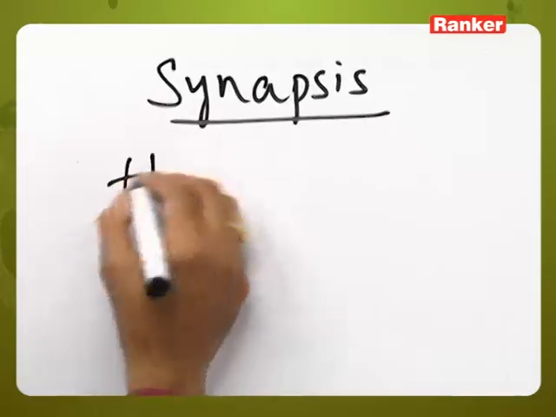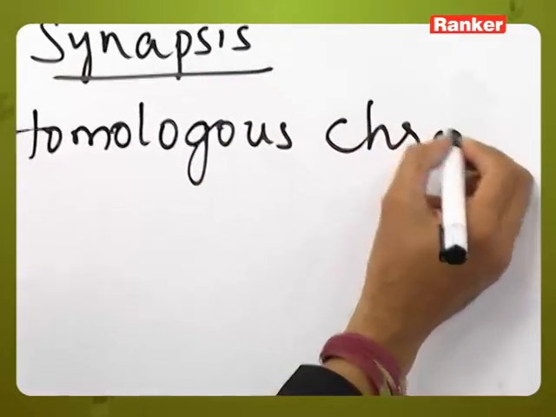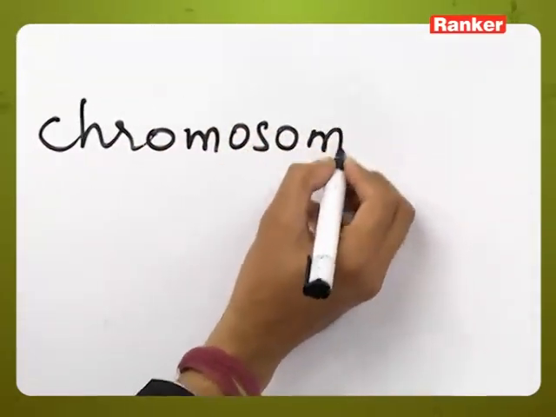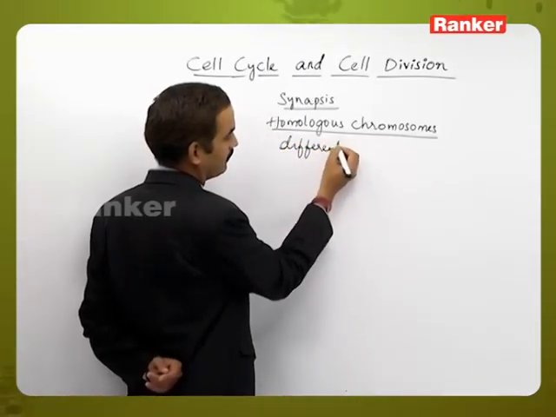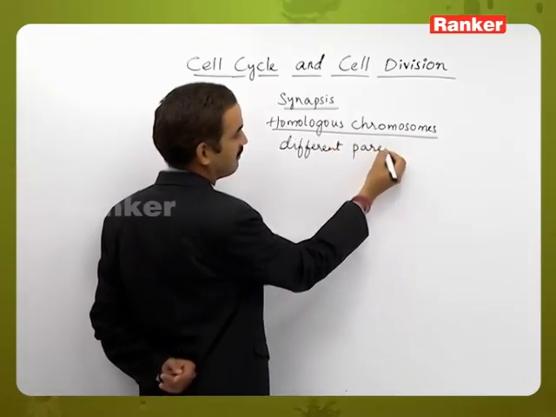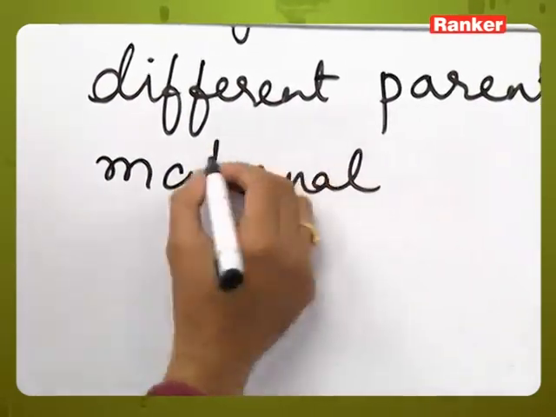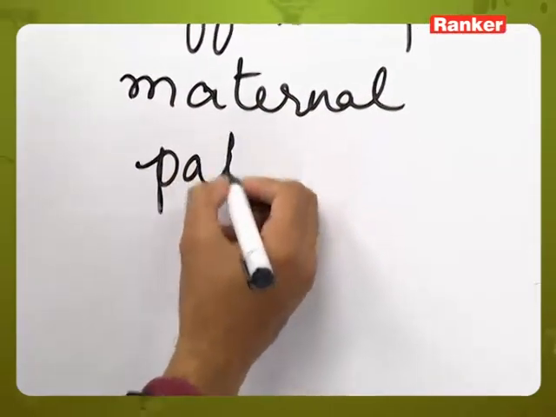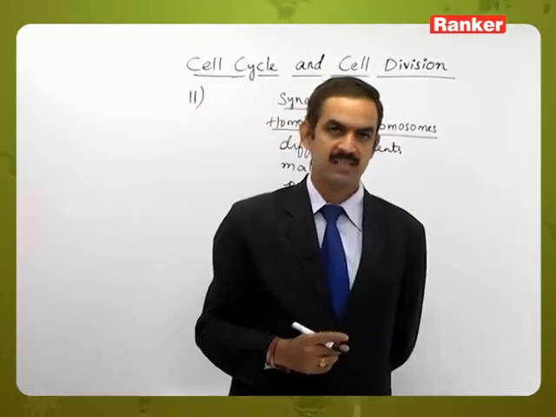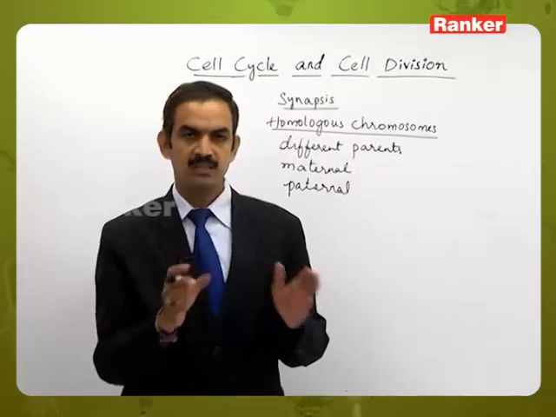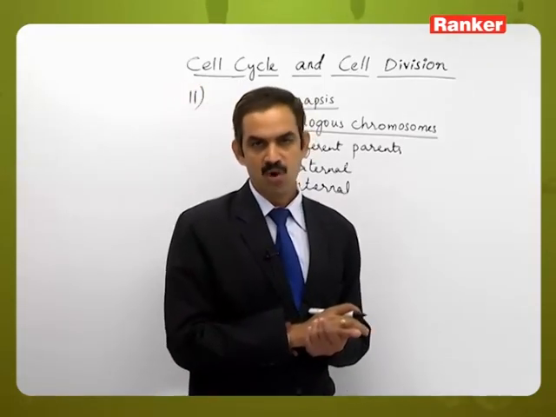So what do we mean by homologous chromosomes? Homologous chromosomes are those which come from different parents. That is, the origin is from different parents. One is called the maternal parent and the other the paternal parent, or we can call them a maternal chromosome and a paternal chromosome. These two will come and get attracted towards each other, and they form a pair.